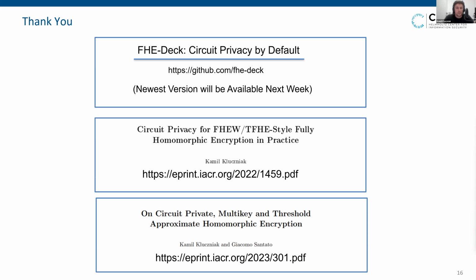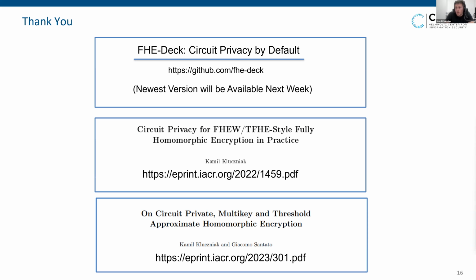Is CKKS circuit private? That's a really long question to answer. In short, there is a paper that we put on ePrint recently, on circuit private, multi-key and threshold approximate homomorphic encryption, and there we look into circuit privacy for CKKS.